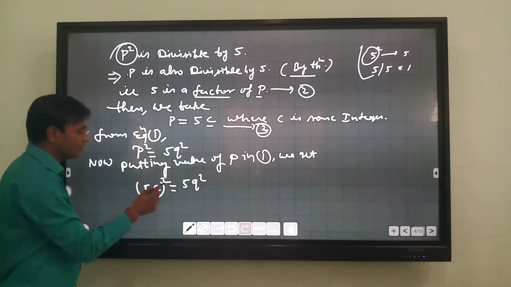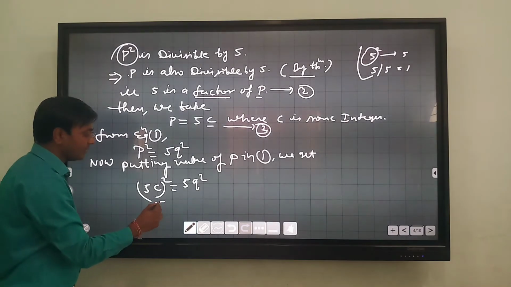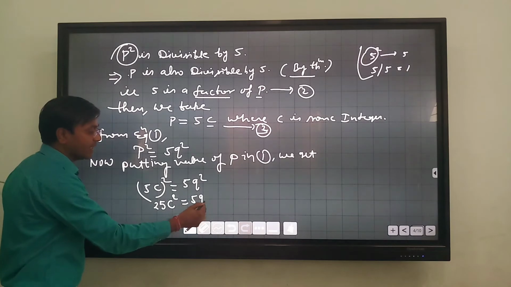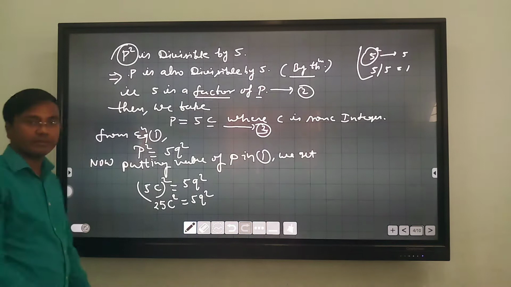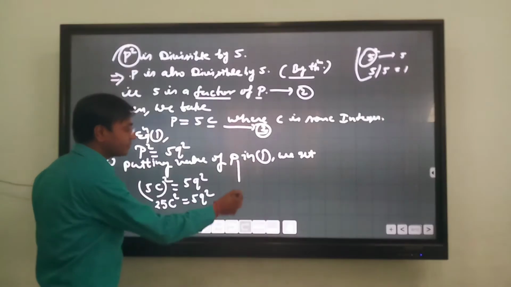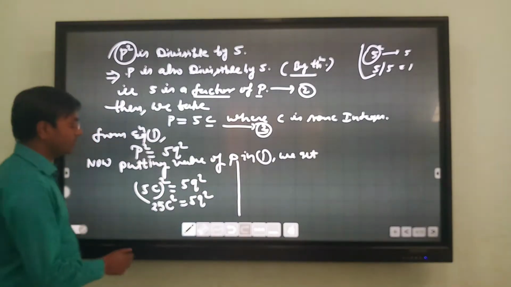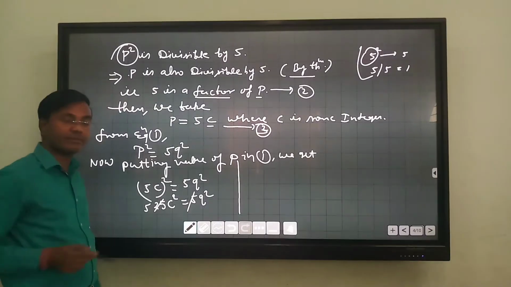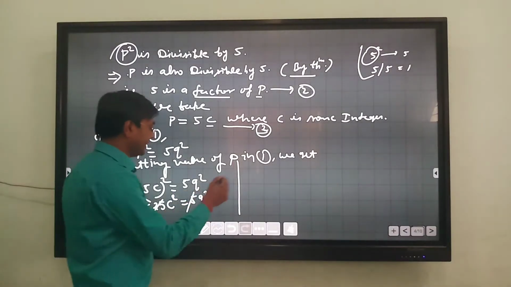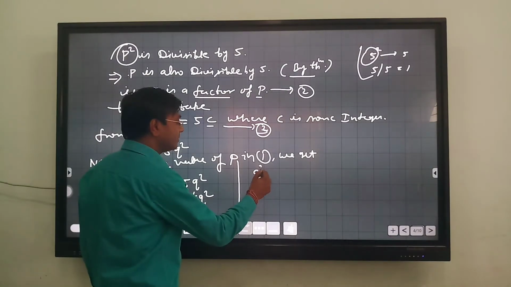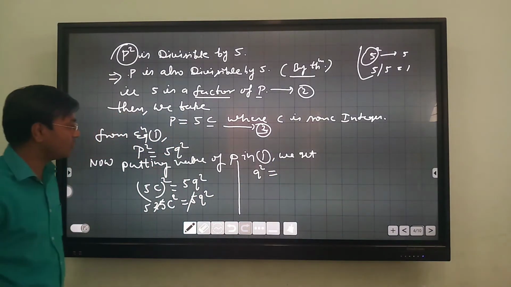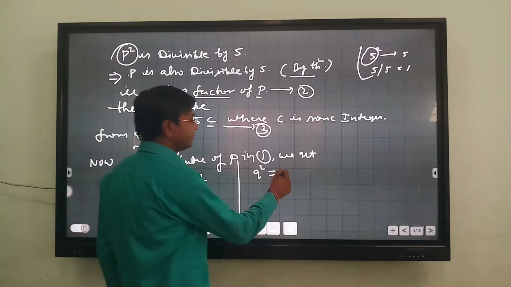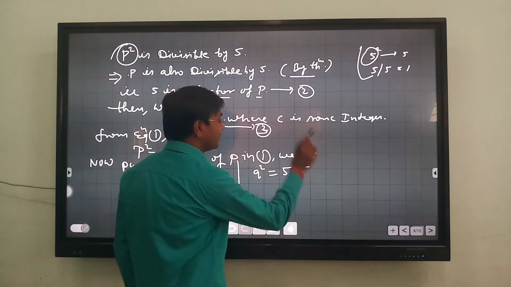Now the square of this: 25c square equals 5q square, right? Now on simplifying, 5 cancels 25 by 5, so we get q square equals 5c square.